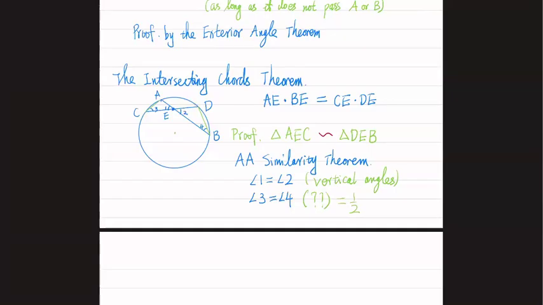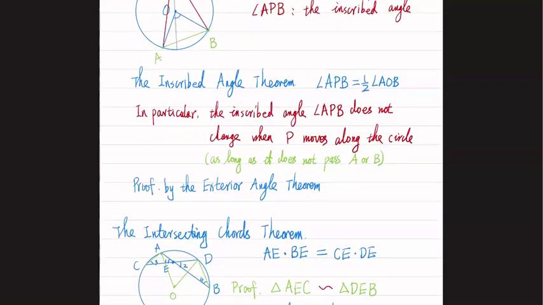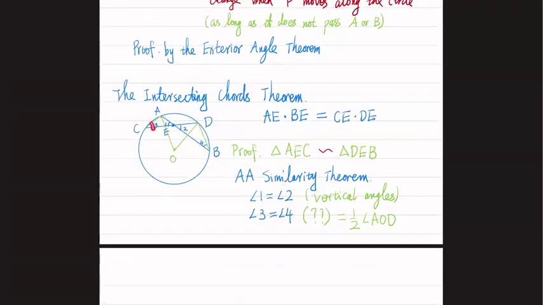Let me mark the point O. AOD. Okay, so this is the inscribed angle theorem. The inscribed angle is half of the central angle. This inscribed angle is half of the central angle. They both are half of the same angle. So they have the same measure.